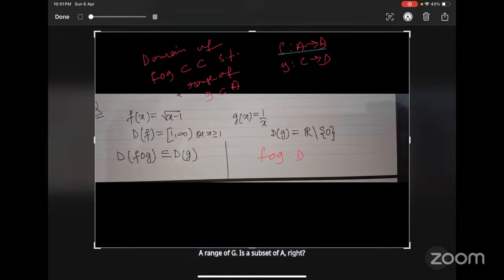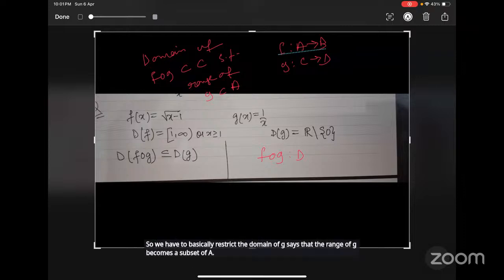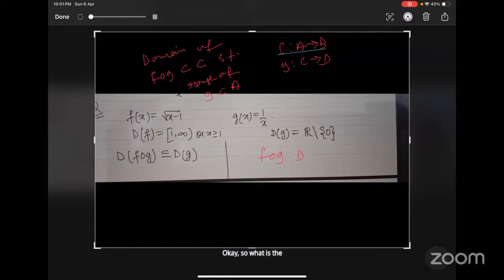So we have to restrict the domain of g such that the range of g becomes a subset of A.